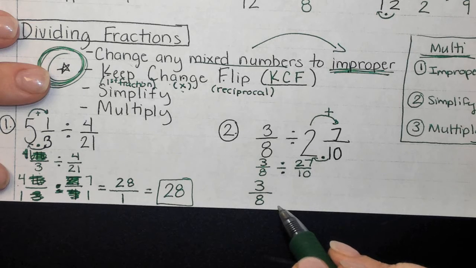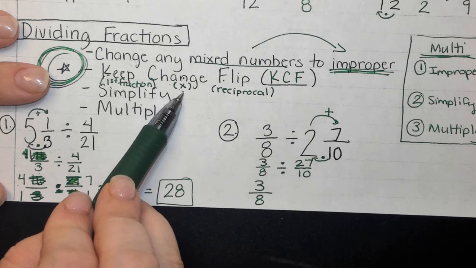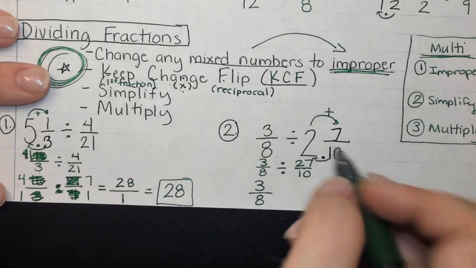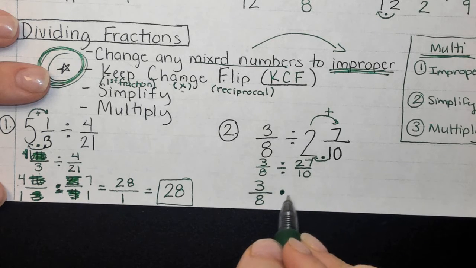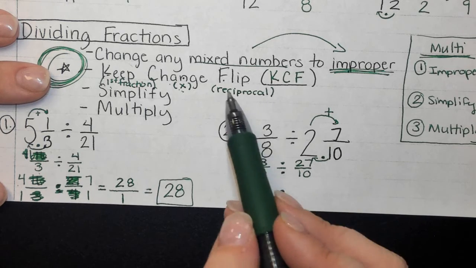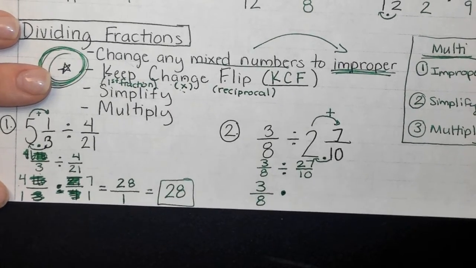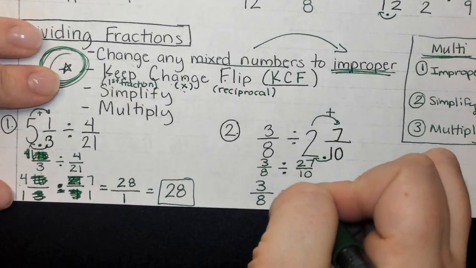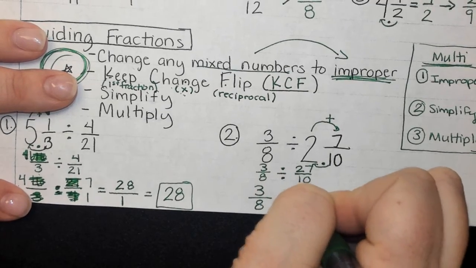What should the problem say next? Multiply. So we're going to put times. So we have 3/8. We changed. We got times. And then it says to flip. Frank, you're my only F. So what am I going to get when I flip it? 10 over 27. Okay.